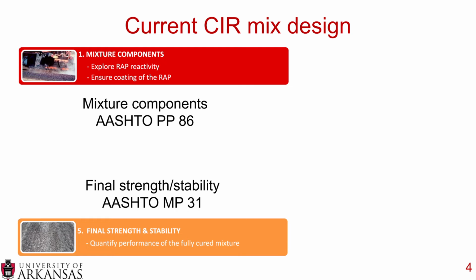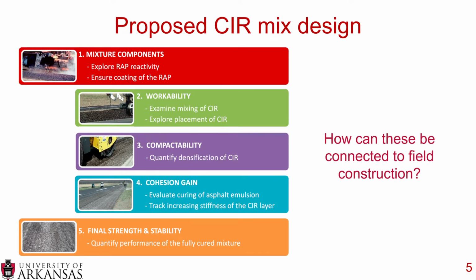But as you can see here, Dr. Casillas anticipated some intermediate stages, and she looked at 3 different intermediate stages between what we currently have, identifying the mixture components and ratios, and looking at the final strength and stability. And these intermediate stages were workability, compactability, and cohesion gain.